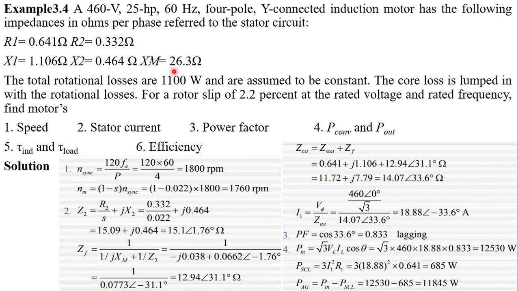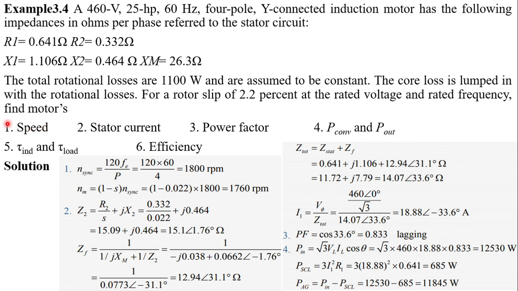Then total rotational losses are 1100 watts and are assumed to be constant. The core loss is lumped in with rotational loss, for a rotor slip of 2.2% and the rated voltage and rated frequency. Find motor speed, stator current, power factor, converted power, and so on.